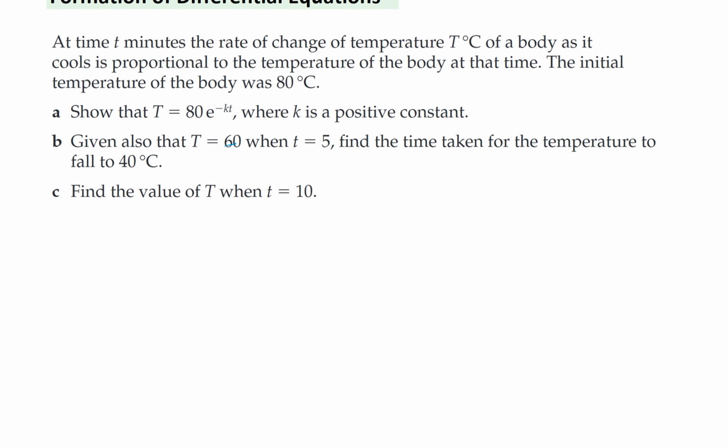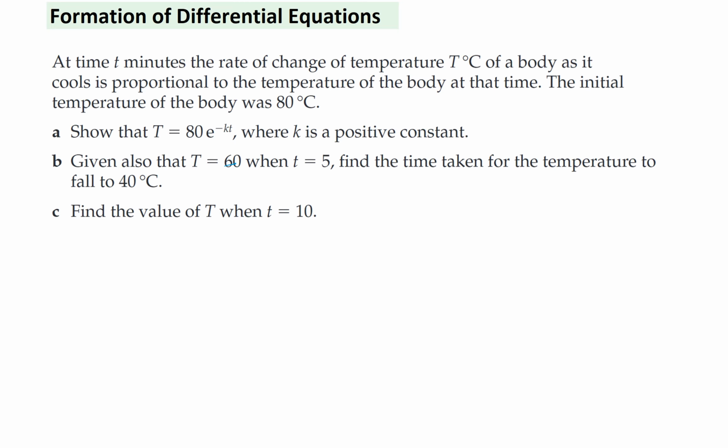So what we do is form the differential equation first. It says that at time t minutes, the rate of change of the temperature T can be written as dT over dt, and that is proportional to the temperature of the body at the time.